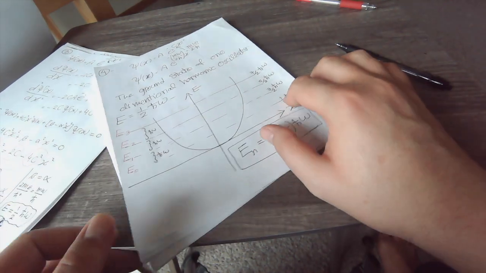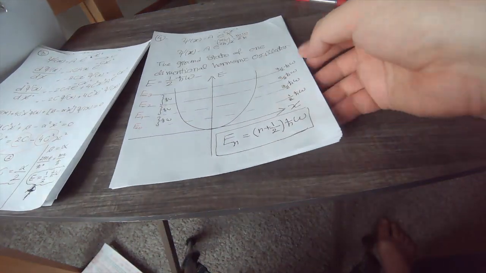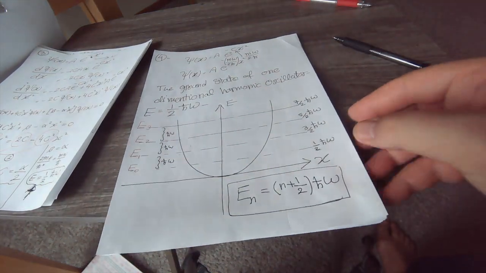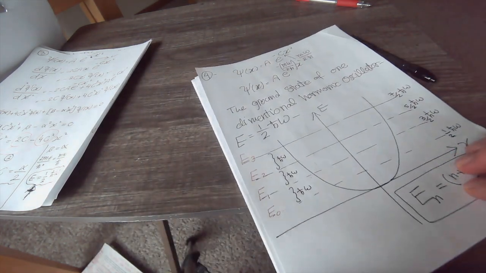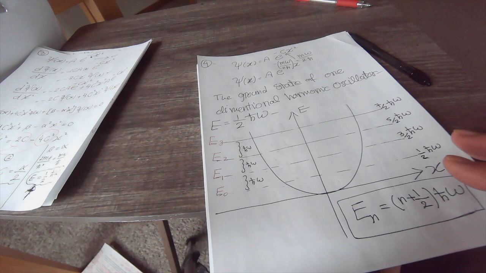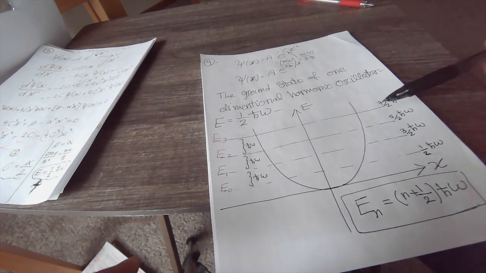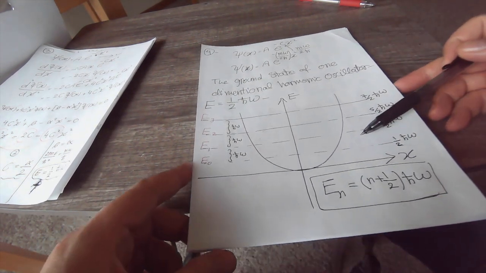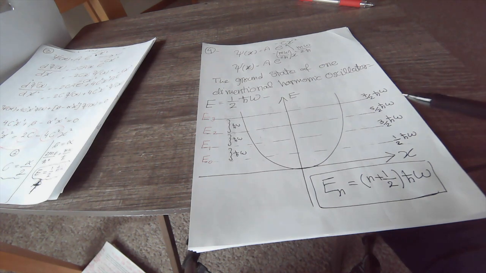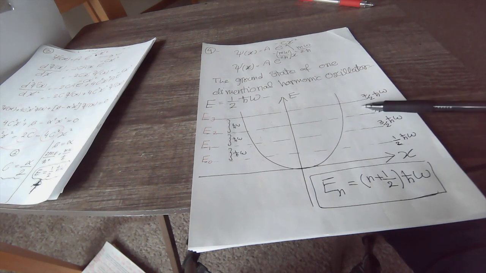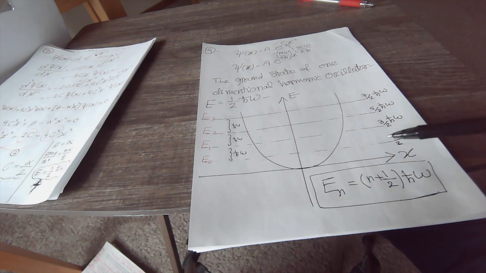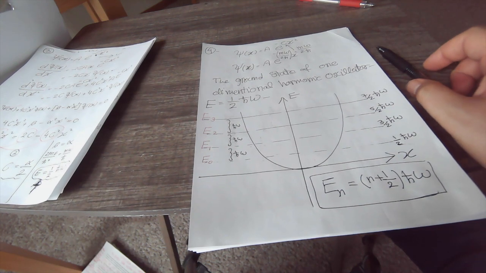Now, what you can see, guys, is that if we use the wave function, it can be an easy way to solve the harmonic oscillator problem.